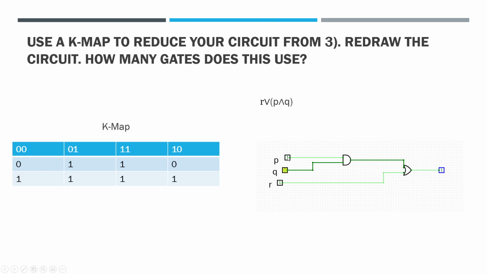The input I have here is 1, 0, 1, which in the K-map matches here: this is Q, this is R. And for P, we have 1, which would trigger the dehumidifier. So we use 2 gates instead of all those other gates in the unsimplified version.